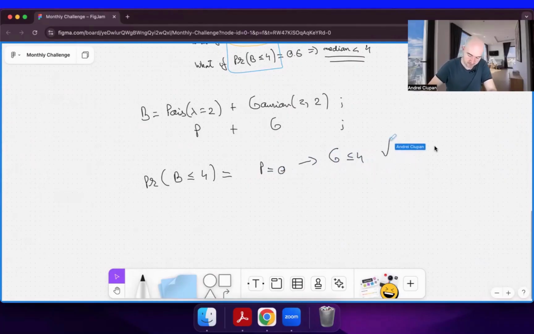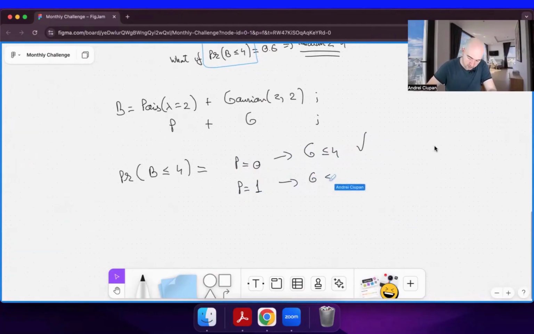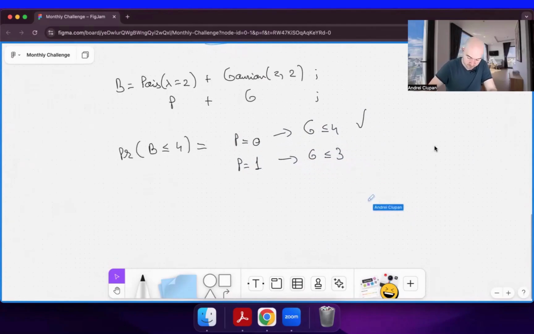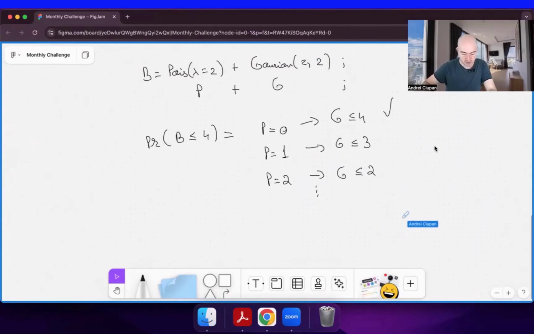It's necessary. If P is equal to 1, then the Gaussian needs to be less than or equal to 3, because we care about their sum being less than or equal to 4. If P equals 2, we need the Gaussian less than or equal to 2, and so on. Great. These are all the situations in which the sum is less than or equal to 4.